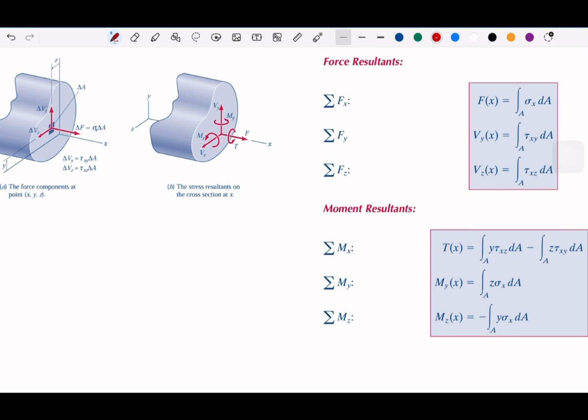So Vy is there, and Vy is z. This is y. That is z. Okay. So z also going to be over there. Okay. So this will be the moment, or this minus that one. And this one is similar to the sigma x.